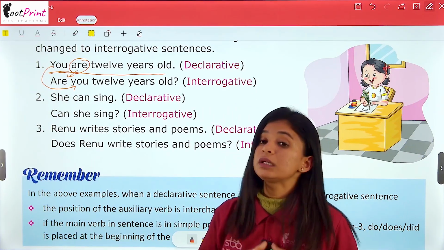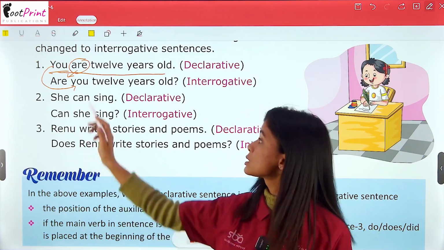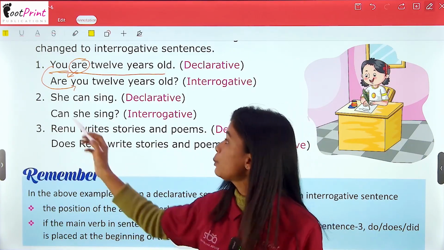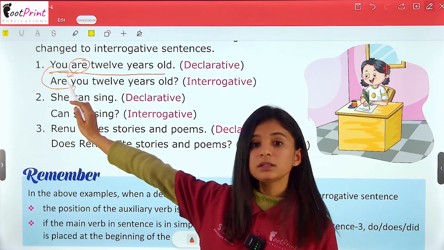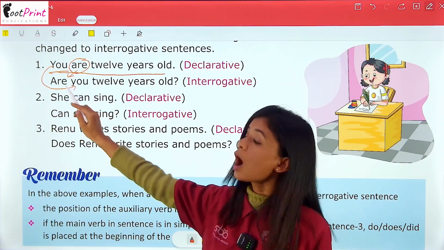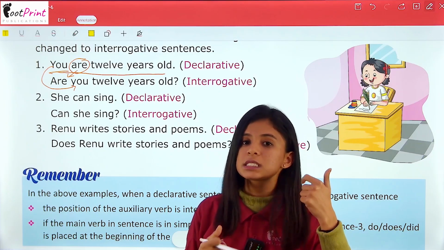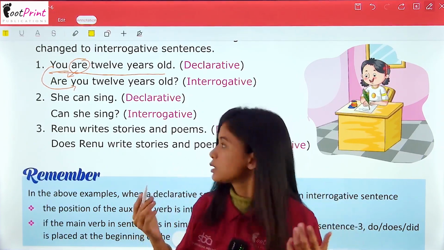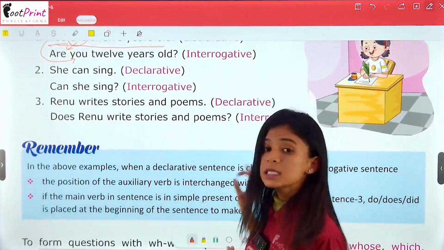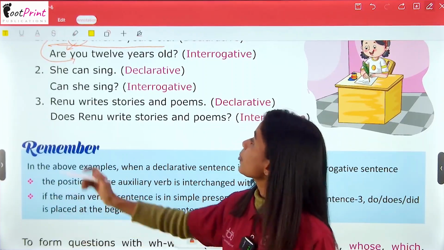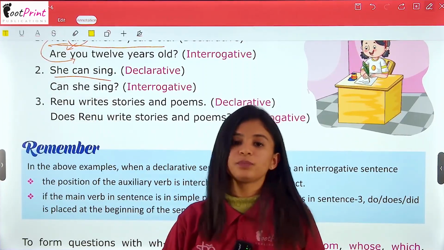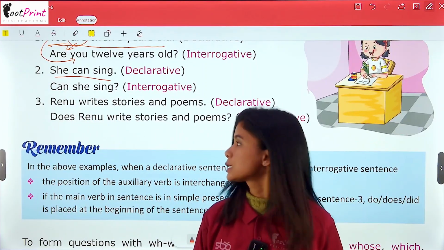So we will convert it into a question by putting this helping verb or auxiliary verb first, are, then the subject will follow it, you. Are you 12 years old? So this is how a declarative sentence is converted into an interrogative sentence. Let us see the next example. She can sing. This is also an assertive sentence.